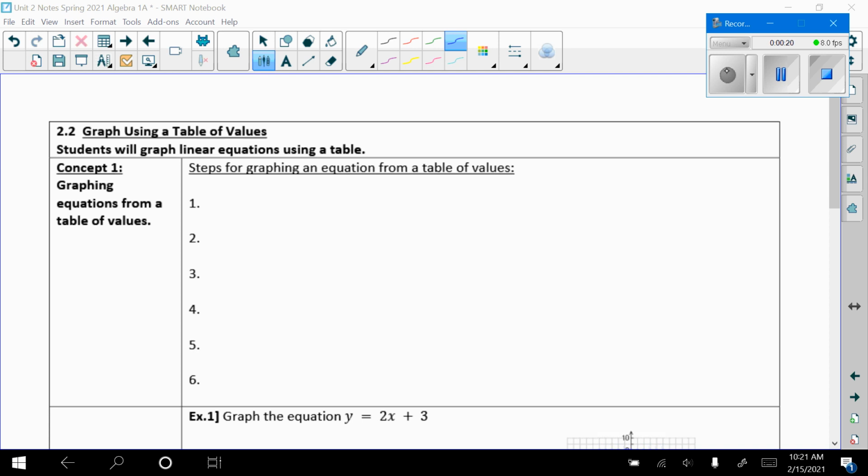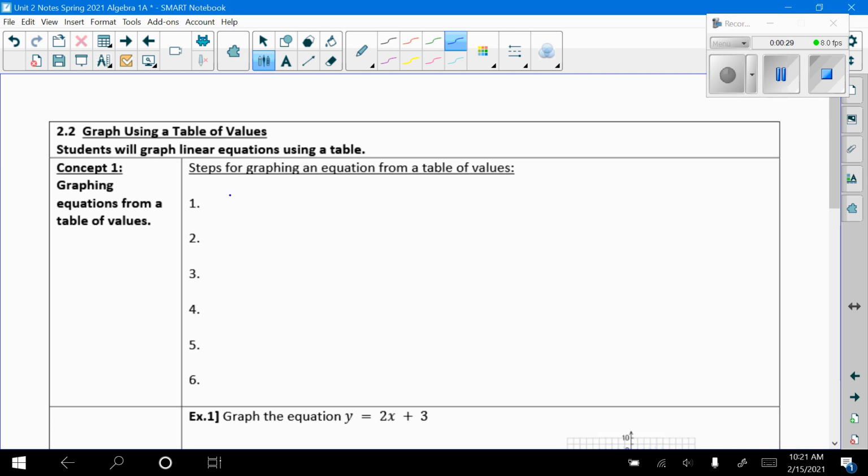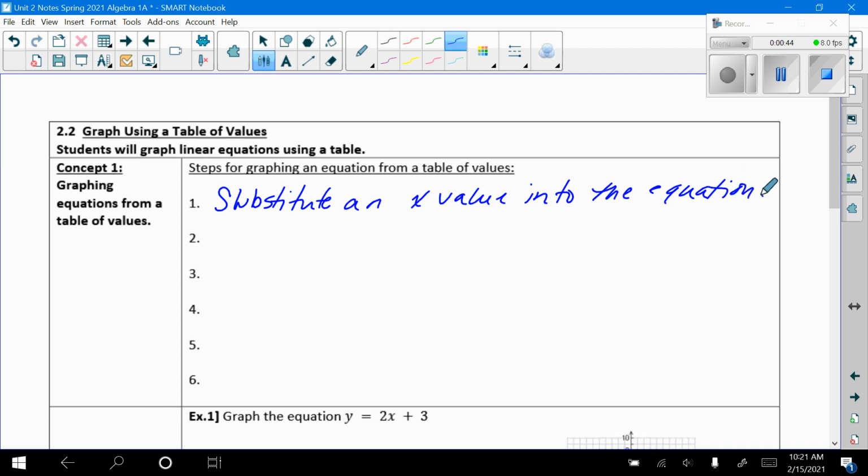So this first part, we're going to go through some steps. We're going to say graphing an equation from a table of values. First thing I want you to do is substitute in an x value into the equation. And then you're going to solve the equation for the y value.